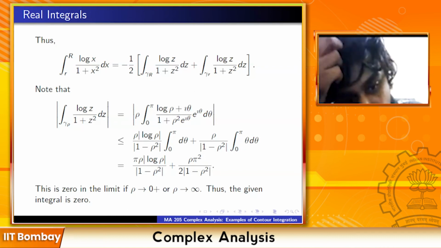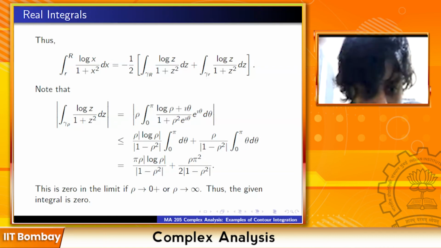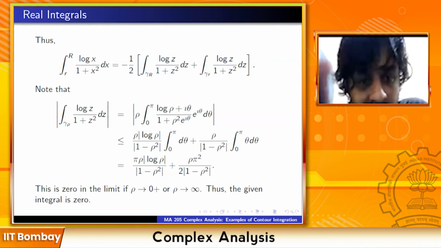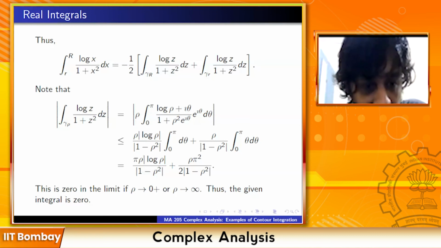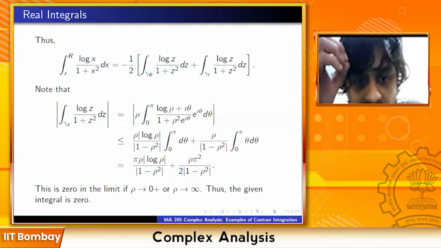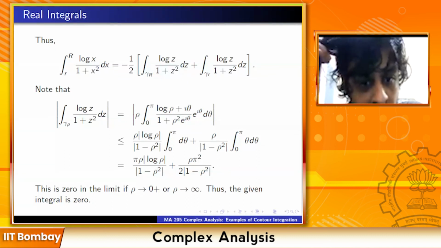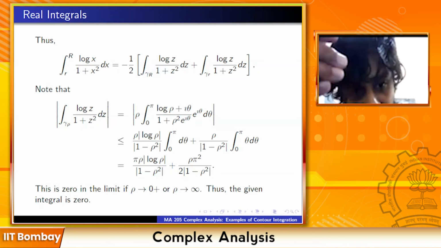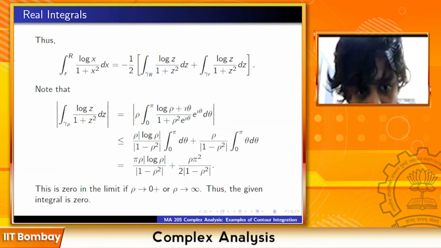As rho tends to 0, log rho tends to minus infinity, but rho tends to 0 faster, so the product will tend to 0. In the second term, it's obvious that rho pi square upon 2 times 1 minus rho square will go to 0. So when rho tends to 0 from the right, this goes to 0.